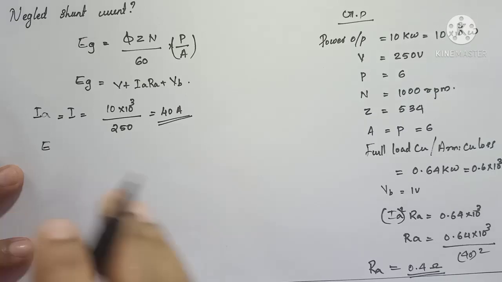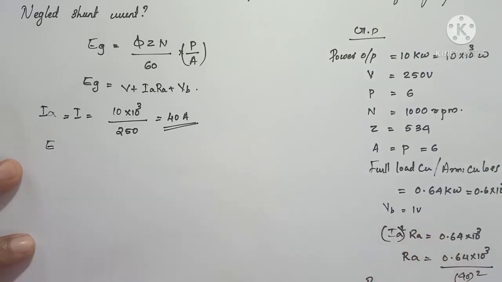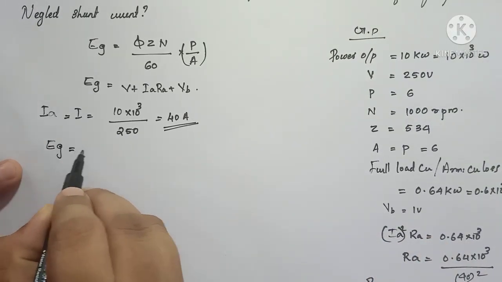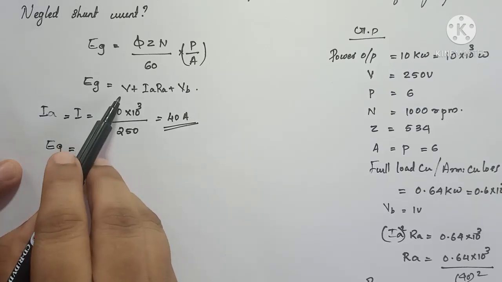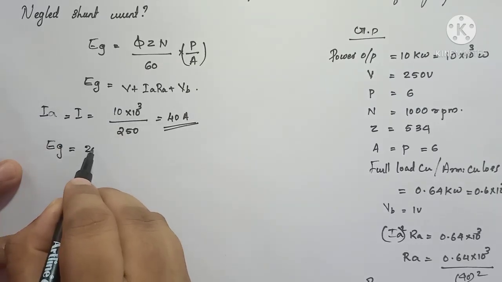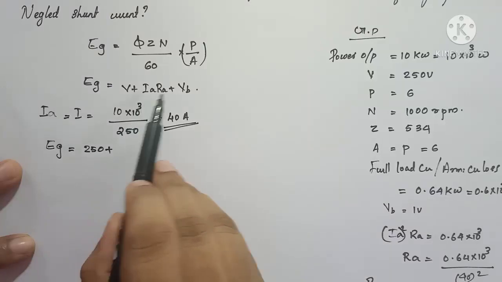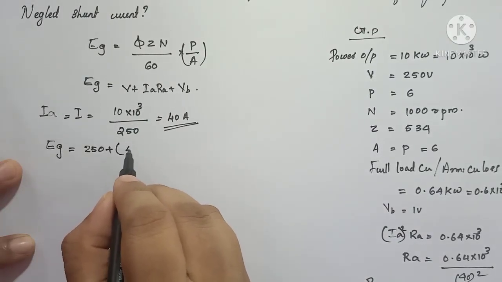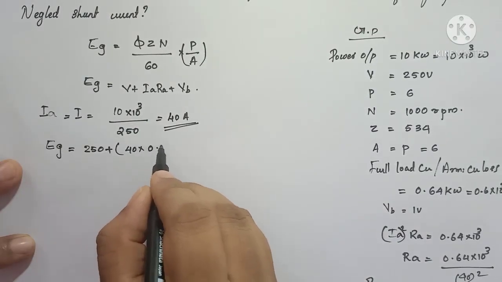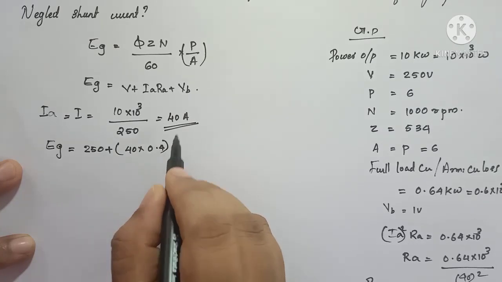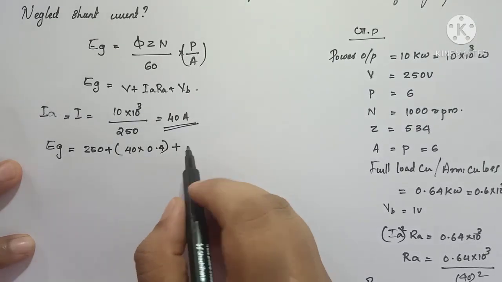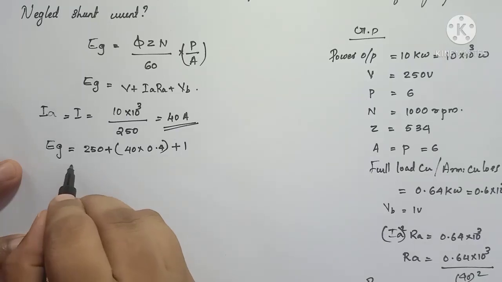So we can write Eg is equal to V, V is 250 volt, V plus Ia into Ra. Ia is 40 into Ra is 0.4 plus Vb. Voltage drop across the brush, that is 1 volt.